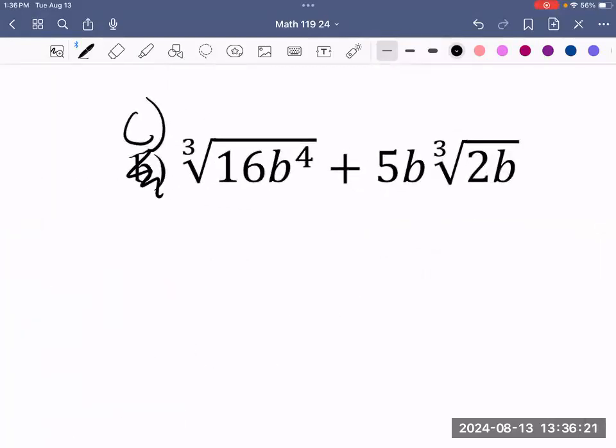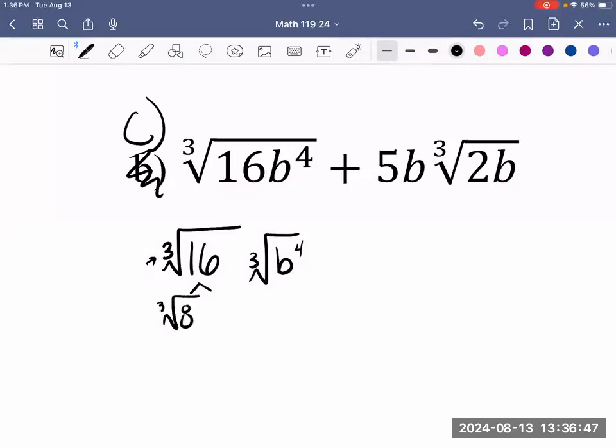All right, 16b to the 4th. We want to see, well, they do kind of have similarities between 16 and 2. We do have a b and a b over here, so let's see what we figure out. So the cubed root of 16 and the cubed root of b to the 4th. Well, let's see, 16 we know can be broken up, and we're looking at cubes, so perhaps we do the cubed root of 8 and the cubed root of 2, right? 2 and 8 make 16.